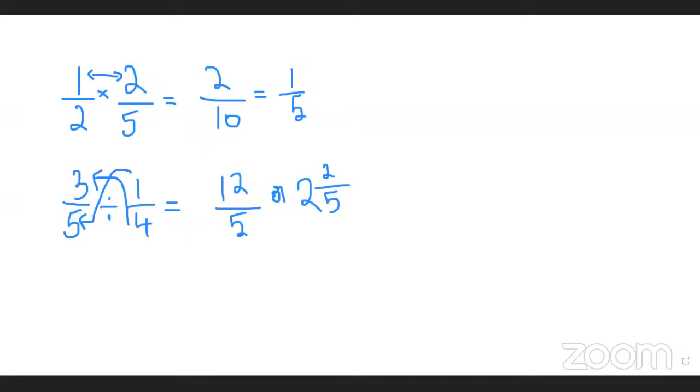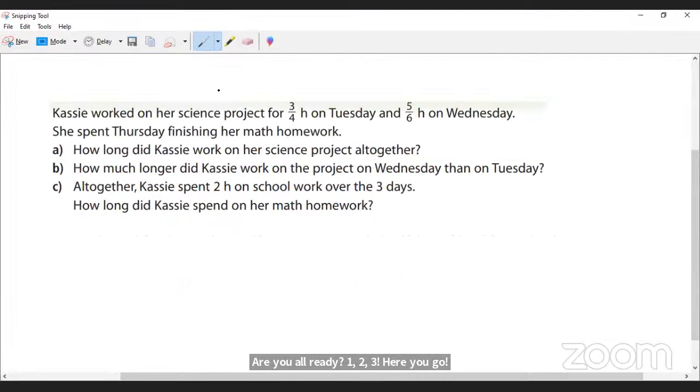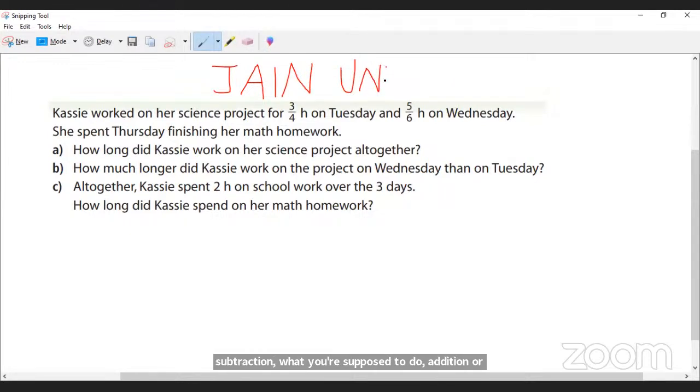Ready? Are you all ready? 1, 2, 3. Here you go. I hope the question is visible, and I want you to read it, understand what you're supposed to do, addition or subtraction or multiplication or division using the fractions, and please do solve it.